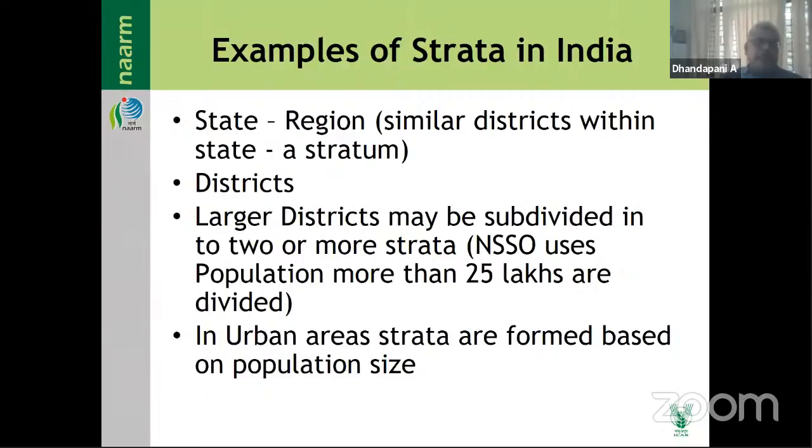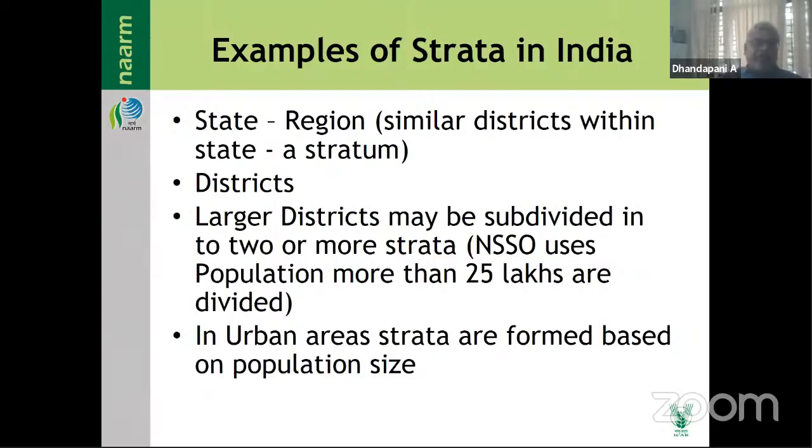Then you can also think that some districts are very large, so you can divide the larger districts into, say, two or more. For example, NSSO uses this: if a district has more than 25 lakhs, then it gets divided. So it is no longer that you have to go by the administrative boundaries.